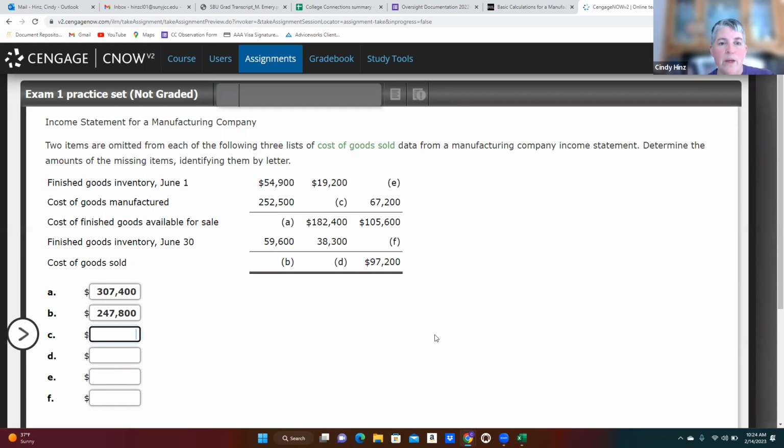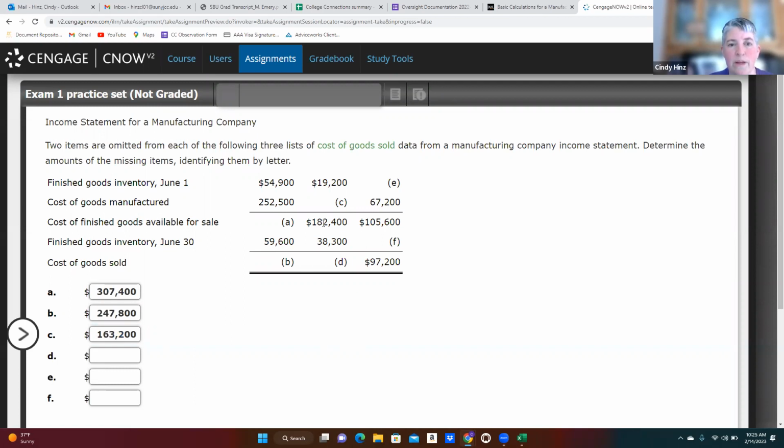And so in the second column, we are told that the cost of goods available for sale was $182,400. We know of that amount, $19,200 was already available at the beginning of the month. So if we subtract that from the total goods available for sale, that's going to tell us how much we actually made during this month.